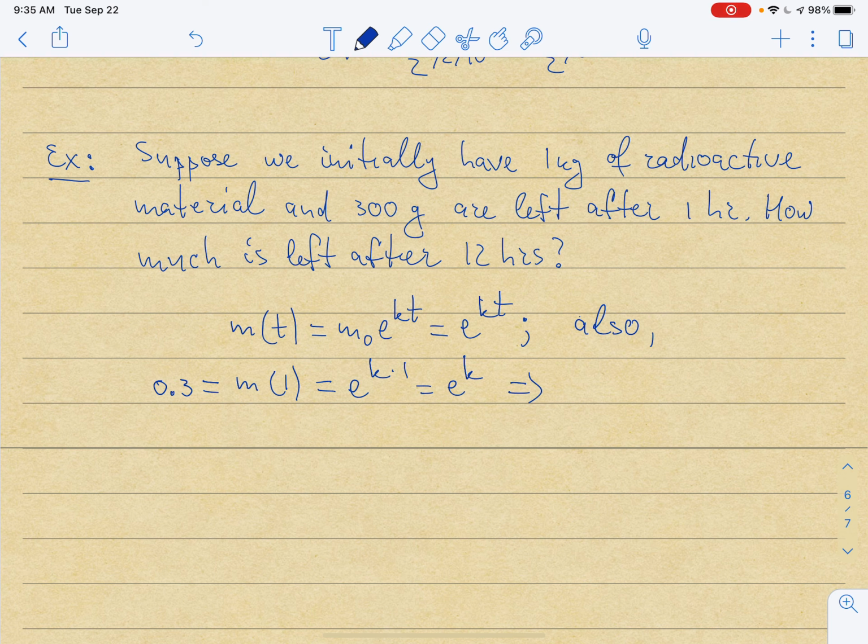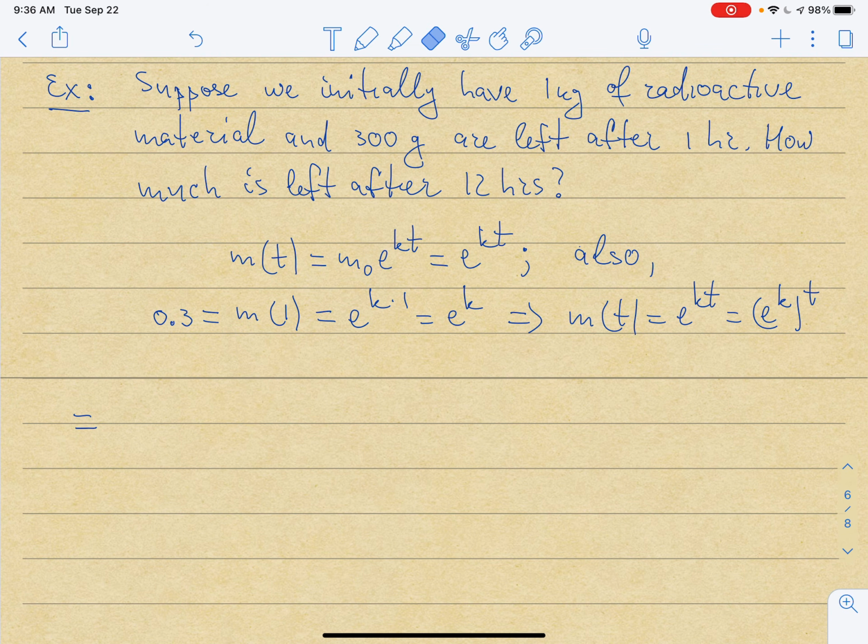Well, but if that is true, then my m of t is e to the k t, which is e to the k raised to the power t. I just found e to the k is 0.3, so this is 0.3 to the power t. Right?